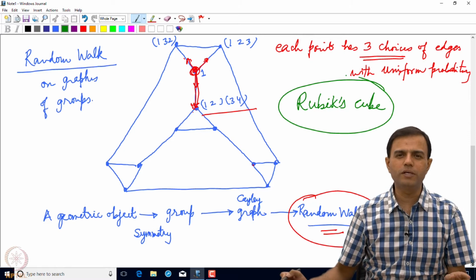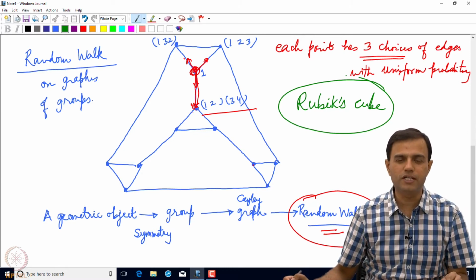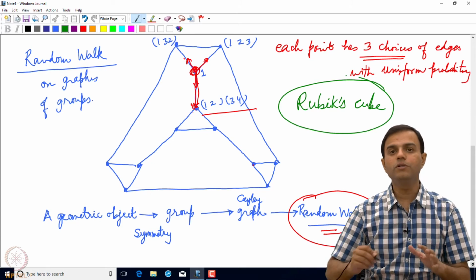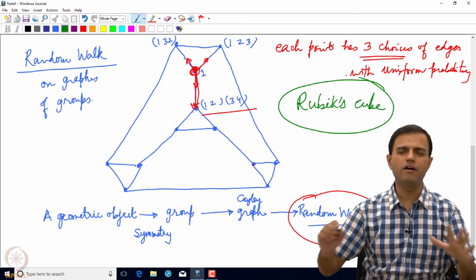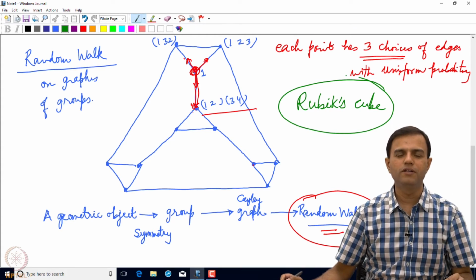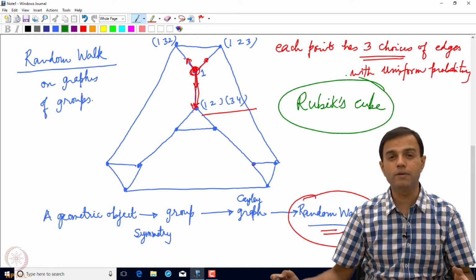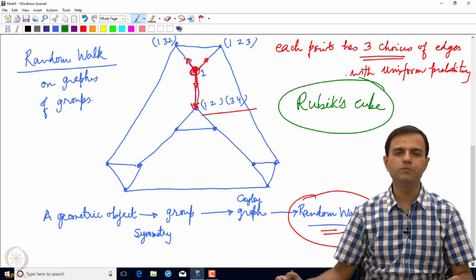Rubik's Cube, there are so many configurations, and in forthcoming lectures we are actually going to see how many configurations are there. So now you imagine a huge graph. What are the nodes? What are the vertices of that graph? Those are all possible plausible configurations of Rubik's Cube.